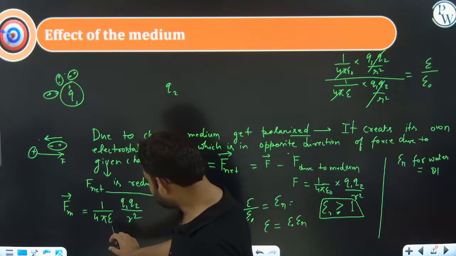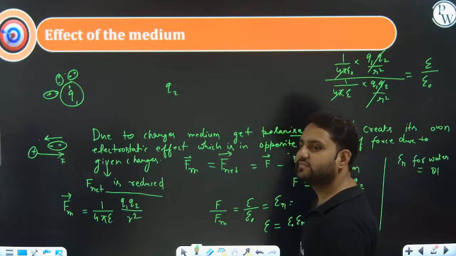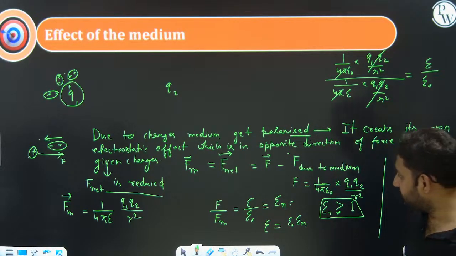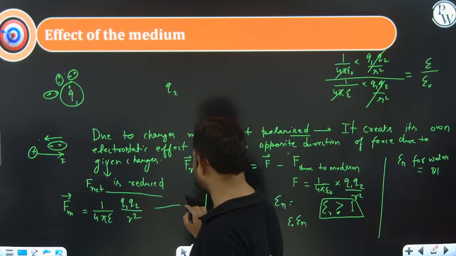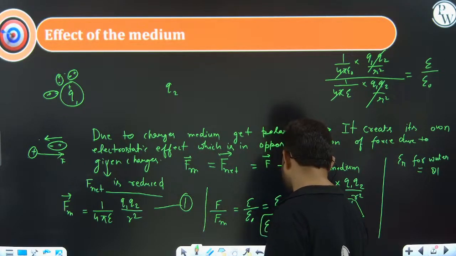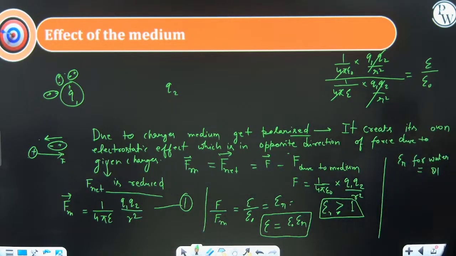So this epsilon can be replaced by epsilon naught into epsilon r. If I write this as equation 1, in equation 1 I can put this epsilon here. Is it clear?